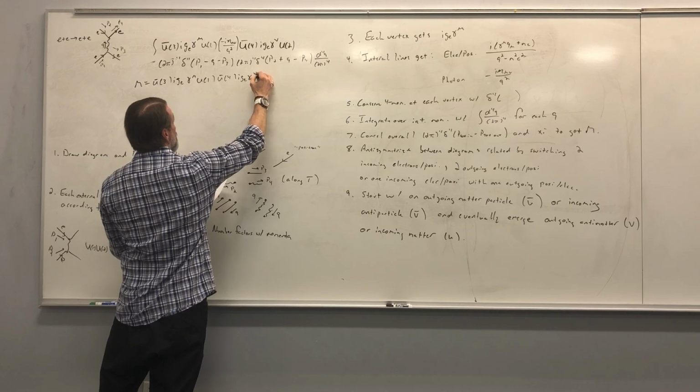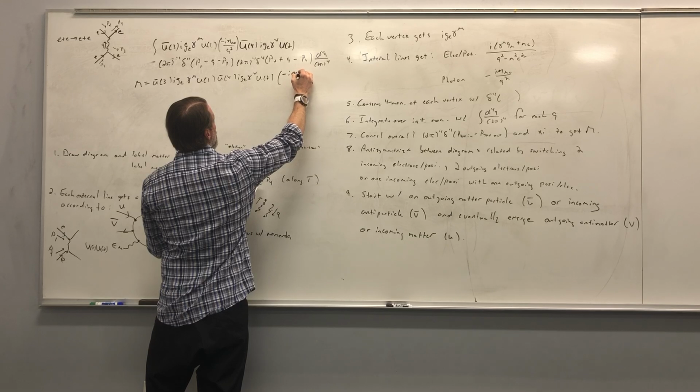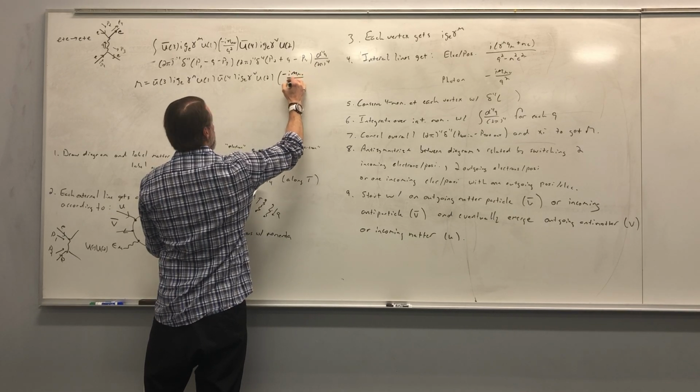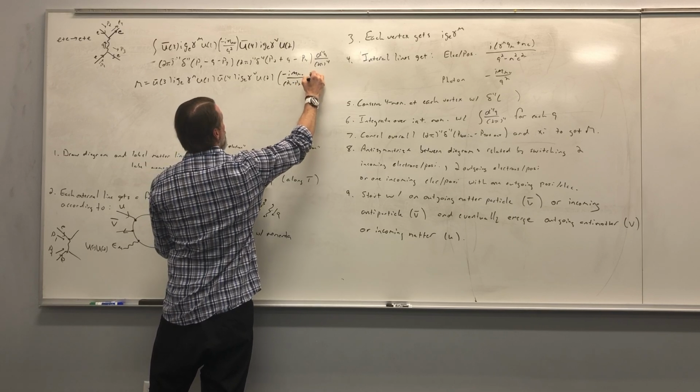U2 times minus I, P4 minus P2 squared times I.